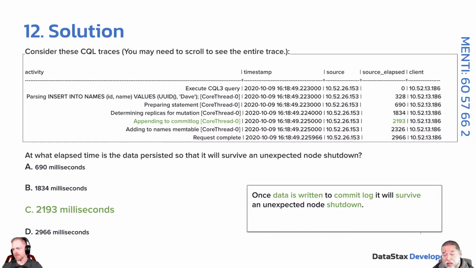The commit log is on disk storage, and the purpose of the commit log is to store data persistently so it survives the shutdown. The next thing is the mem table. Well, the mem table is transient memory. It's in RAM, and a shutdown will lose the mem table. So it's at the time that the commit log is appended to, and that's 2193 milliseconds, and that's the answer.